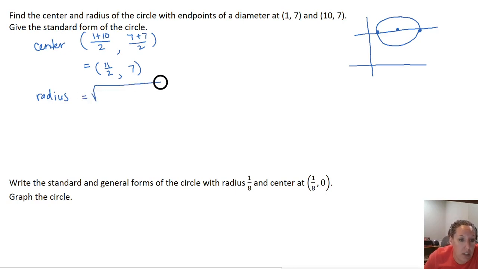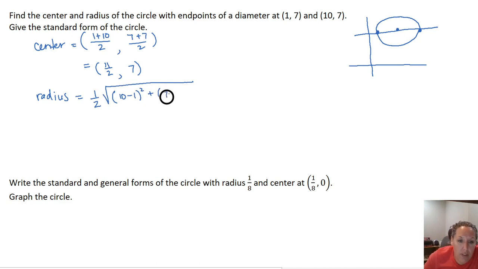So that's going to be the distance between the center and one of those points. If we use the 2 points in the diameter, remember the diameter is double the radius, so we'd have to divide by 2. But those numbers might be a little bit easier, less intimidating than the fraction. So the radius is going to be 1/2 the distance between those 2 points on the diameter, and our change in x value is going to be 10 minus 1.